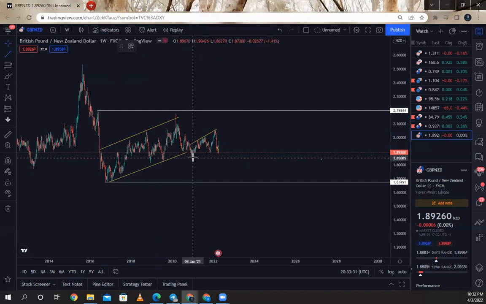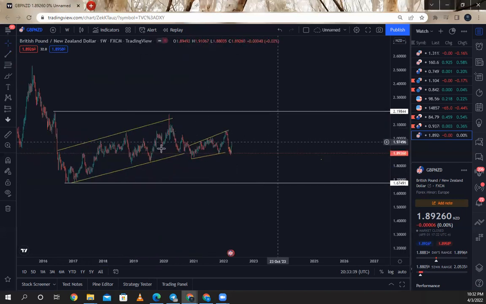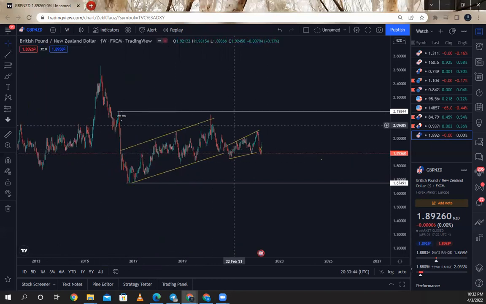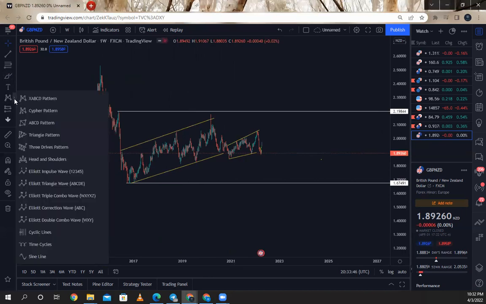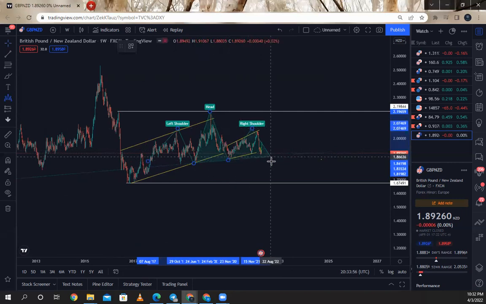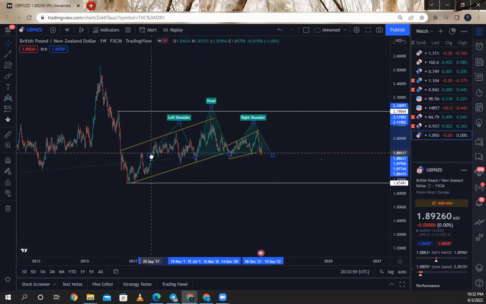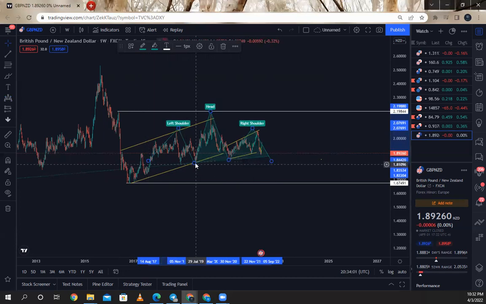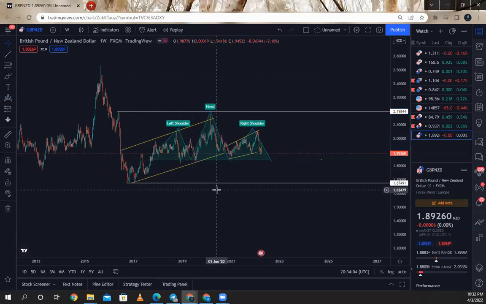So this is what we have. Overall, guys, I want you to look at GBP New Zealand like this. I can literally just see this forming right in front of my eyes. We have a very nice head and shoulders formation right there.